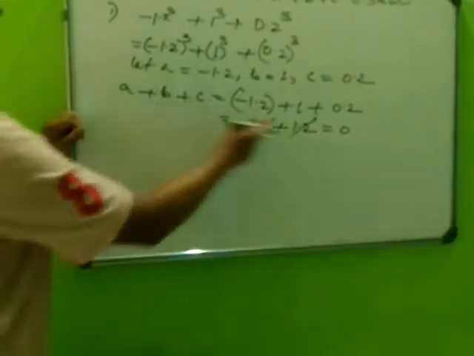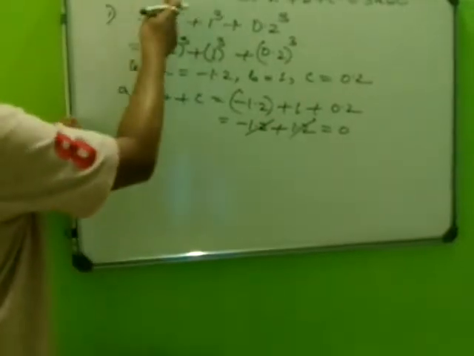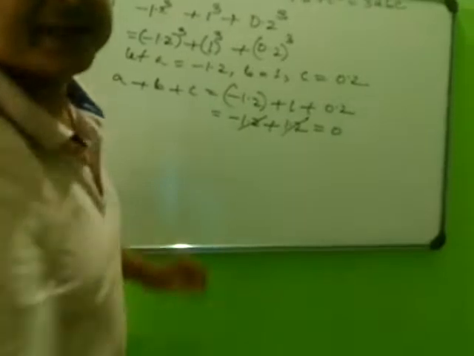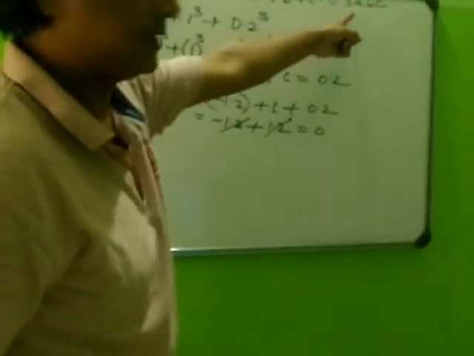Since A plus B plus C is 0, A cube plus B cube plus C cube equals thrice ABC.